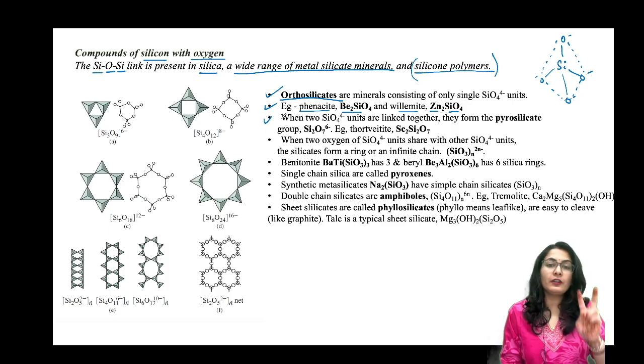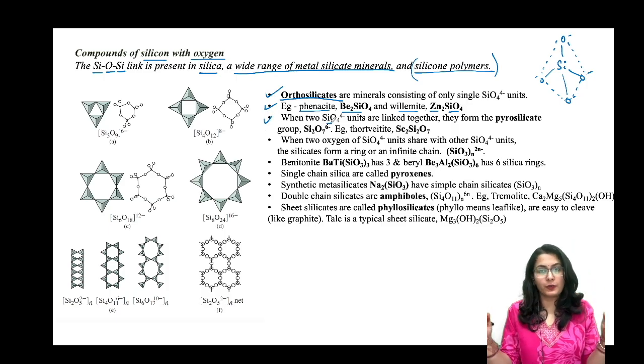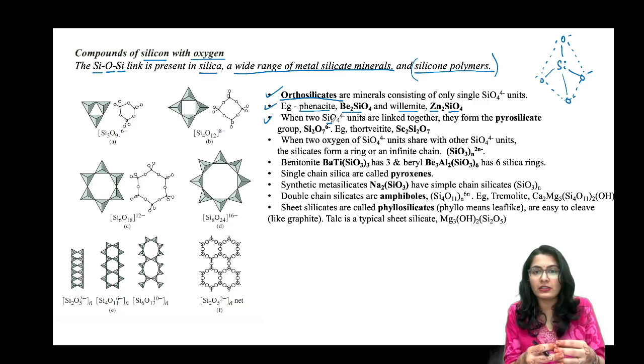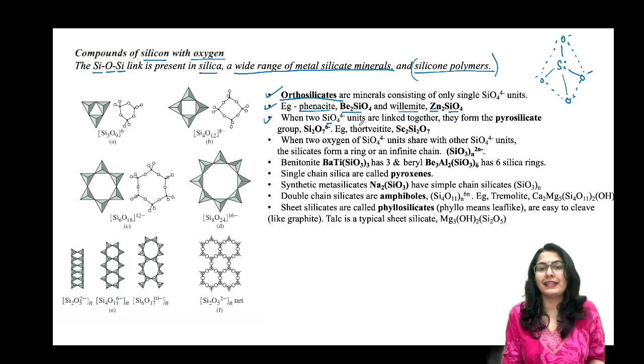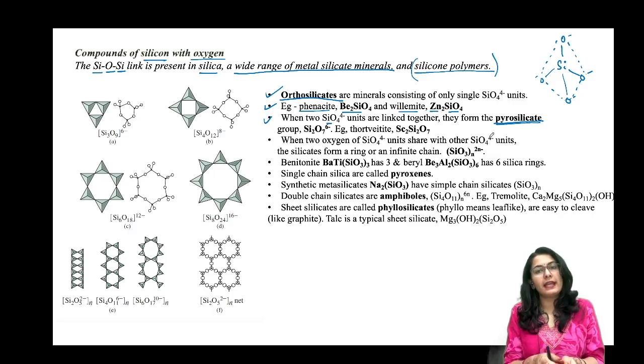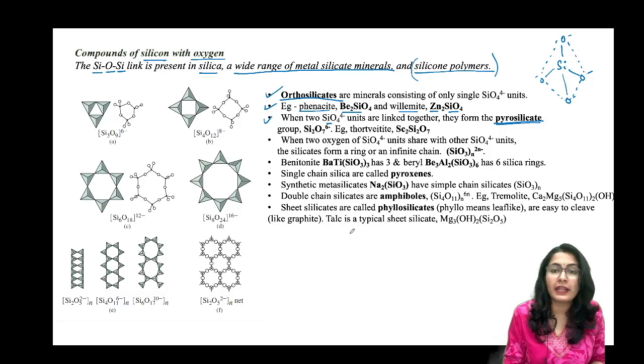Now, when you are having two of the SiO4 units connected to each other, they are going to look like islands. Okay, let me show you. They're known as pyrosilicate. Pyroborate also there was. Pyroborate means again two borate units that were two triangles, but here we are not having two triangles, we are having two island-like structures.